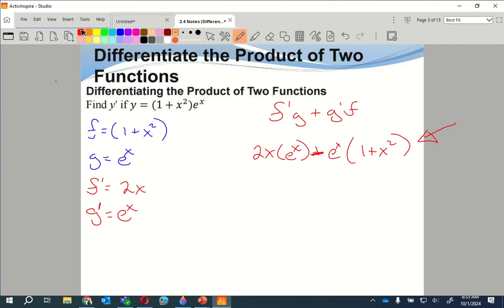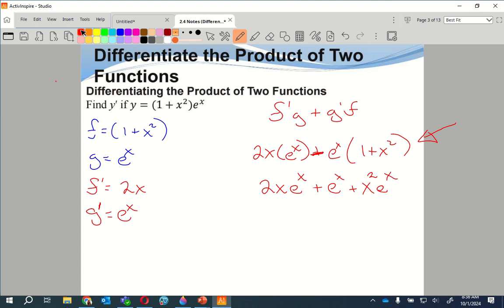So this is going to give me 2x e to the x, and as I distribute this I get plus e to the x and then plus x squared e to the x. Do they all have anything in common? Say yes.